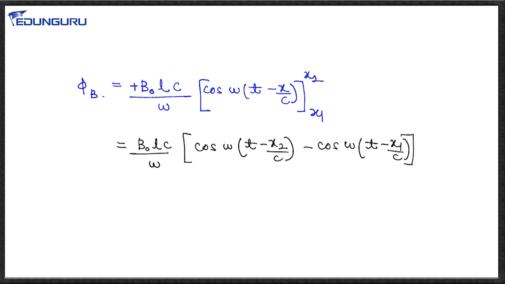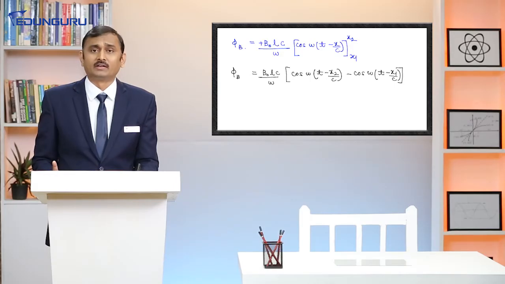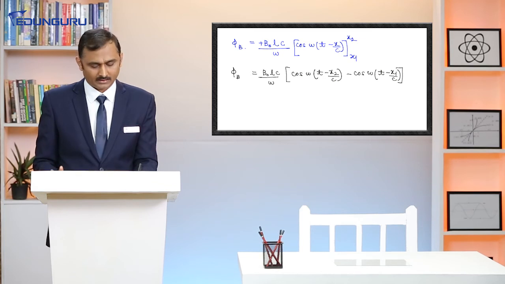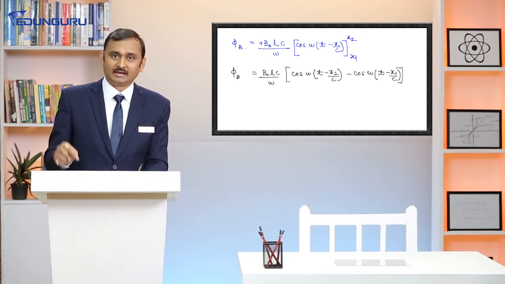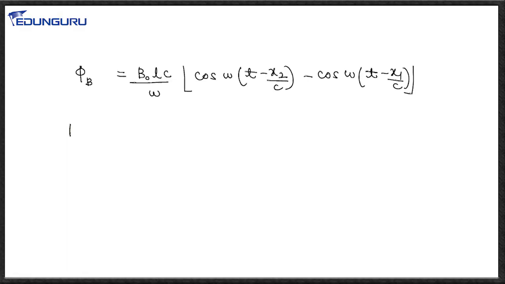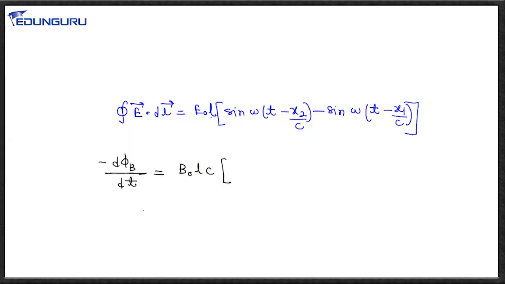This is phi b. The negative of the rate of change of this flux, we have to differentiate it with respect to time, right. So, differentiation of cos is minus sine and minus of minus is plus, and we have this negative of rate of change of magnetic flux is equal to B naught L c [sin(ω(t − x2/c)) − sin(ω(t − x1/c))], right.